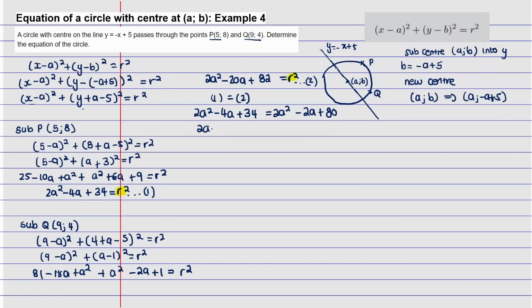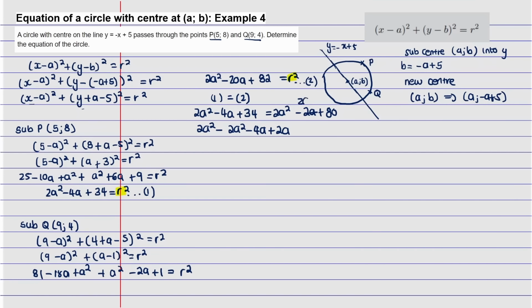So here it's going to be 2A squared minus 2A squared minus 4A, then plus 20A.